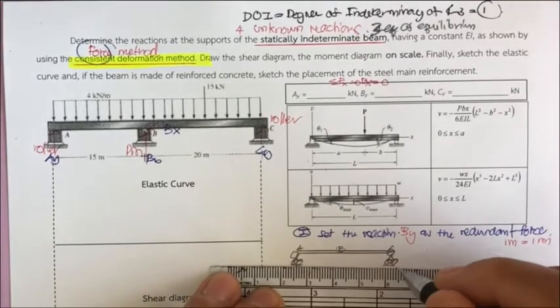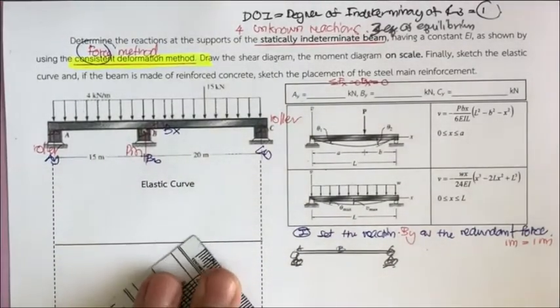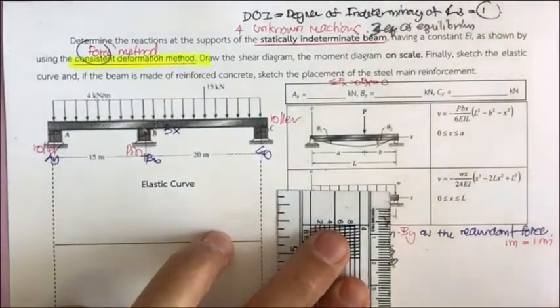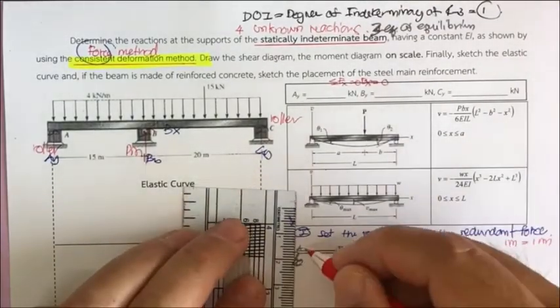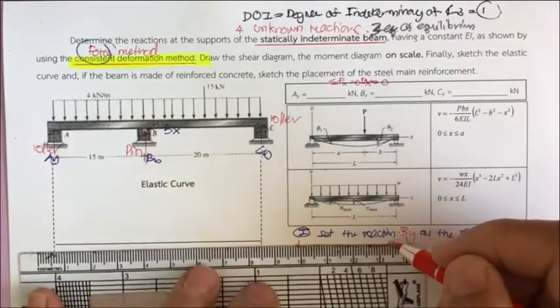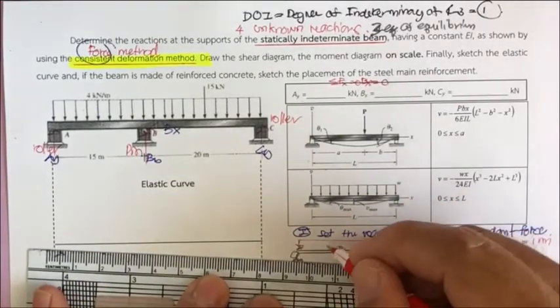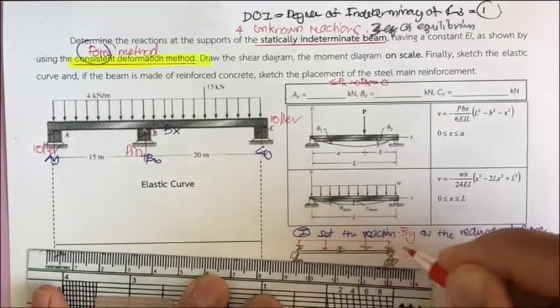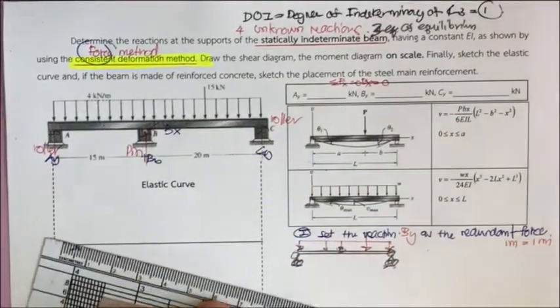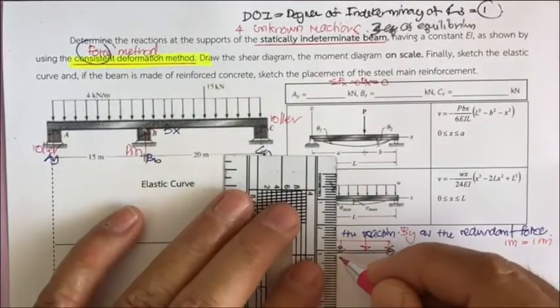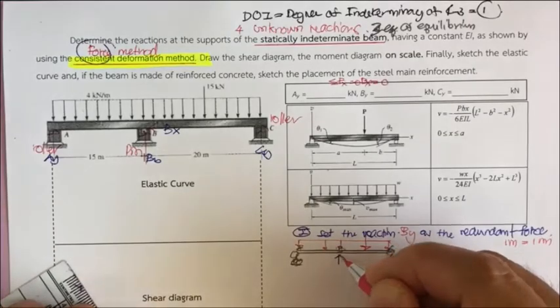You have the applied forces: the uniform load here, and also the force here. And we have B sub Y as the redundant.